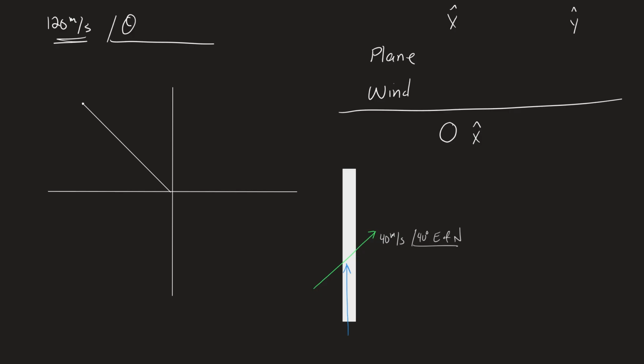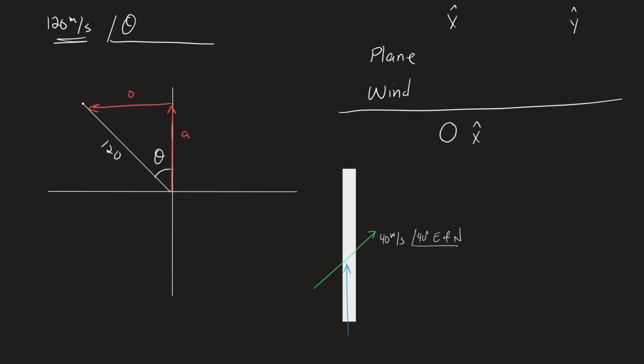So let's follow the same procedure. I'm going to put a placeholder in here, theta, and 120 here. I'm going to wrap a triangle around my angle, same as before. I'm going to recognize this is the opposite and this is the adjacent.